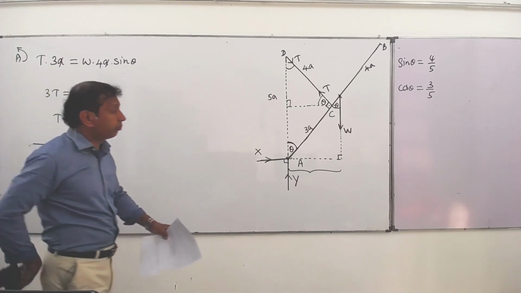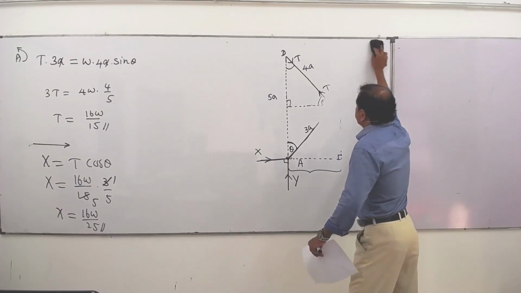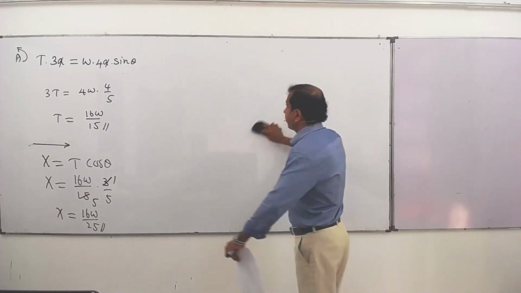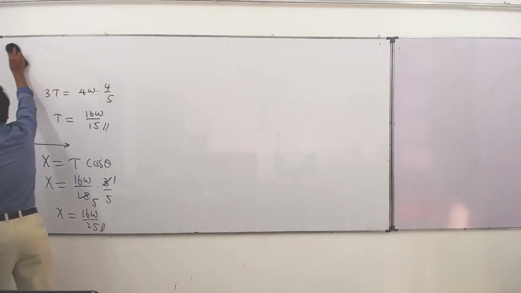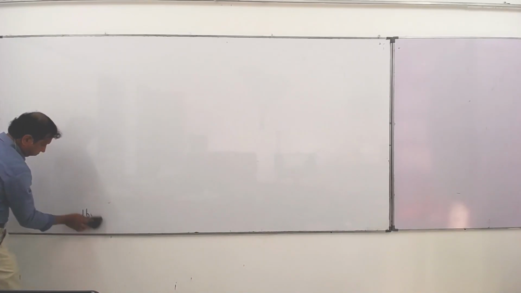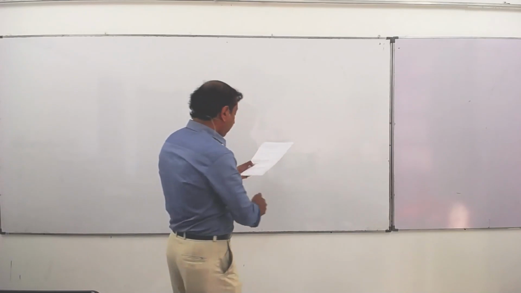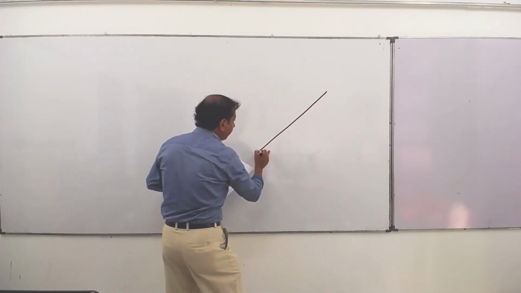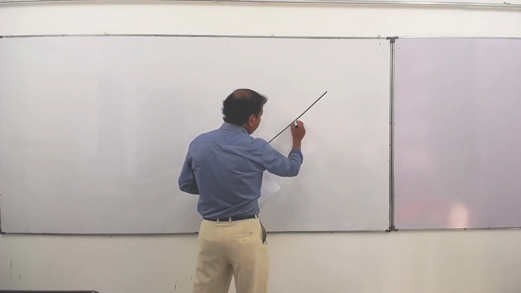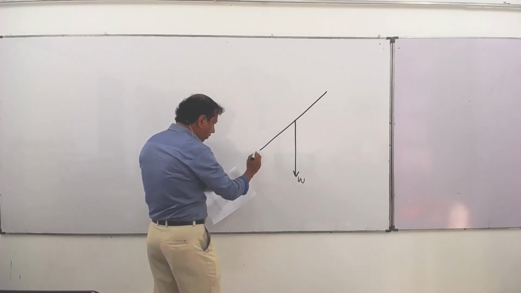Right. Now here, this is the uniform rod, weight is W given, horizontal force P given like this.